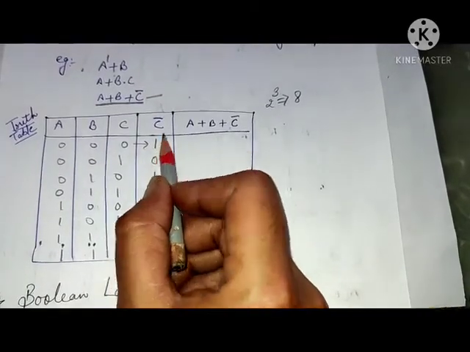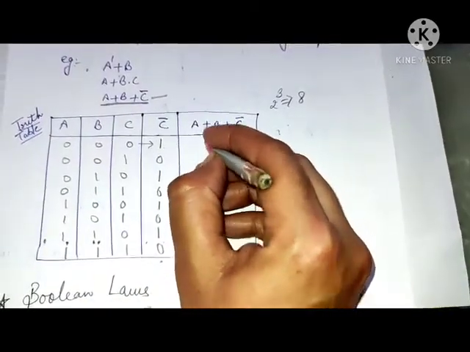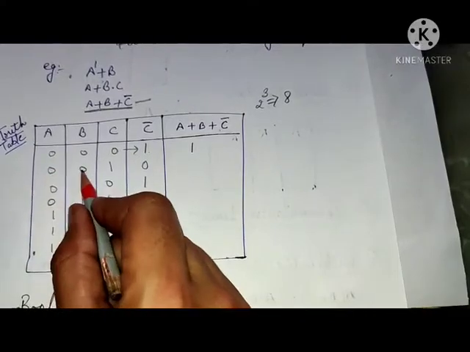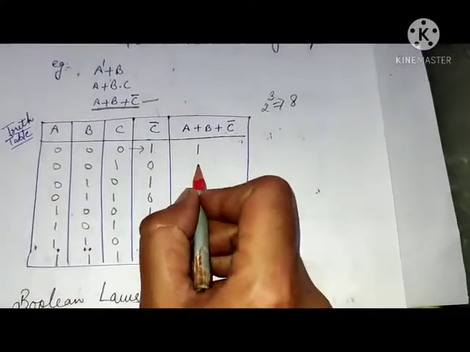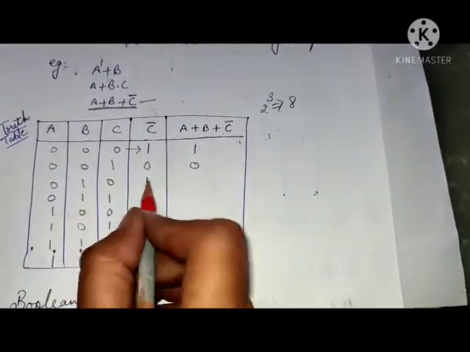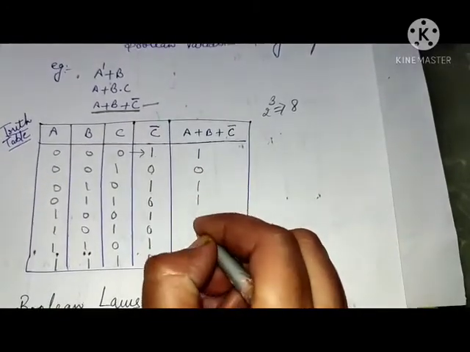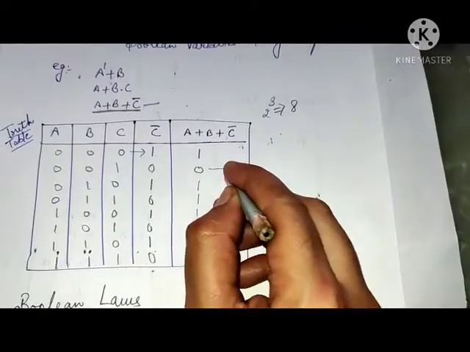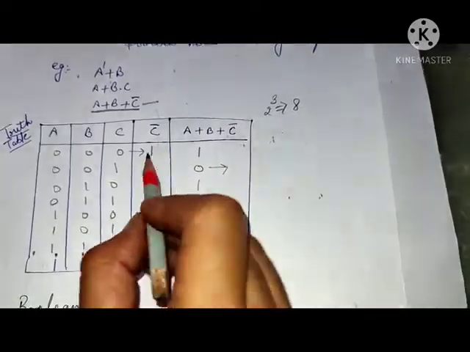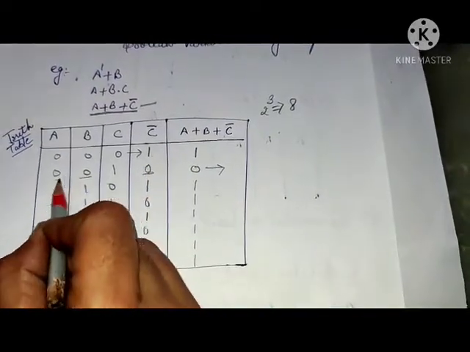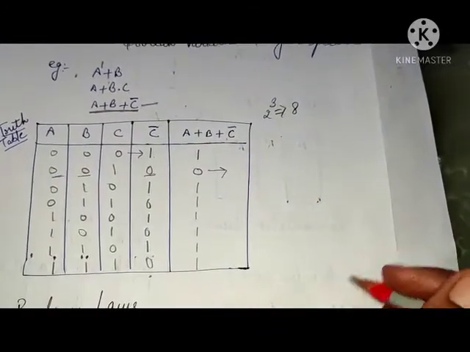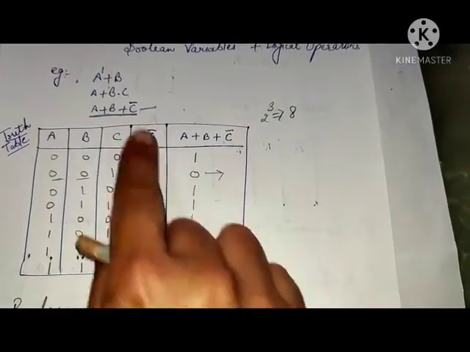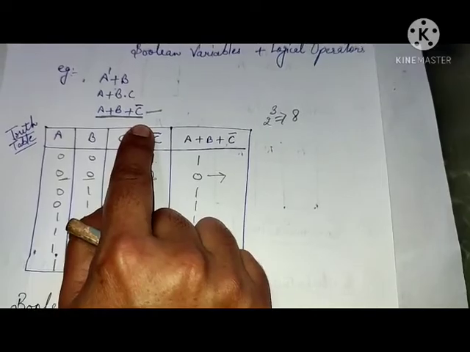See students, 0, 0 and 0. All are 0, so the result is 0. Otherwise the result is 1. There is only one situation when the result is 0, when all the operands are 0. So this is the truth table for the Boolean expression that is given to you.